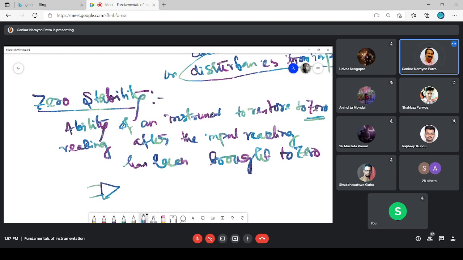This is the output. These are input 1, input 2, minus and plus. If input is 1 volt, the gain is 10 to the power 6, so the output is expected to be 10 to the power 6 volts, which is not possible. So it will be plus 10 volt or minus 10 volt.